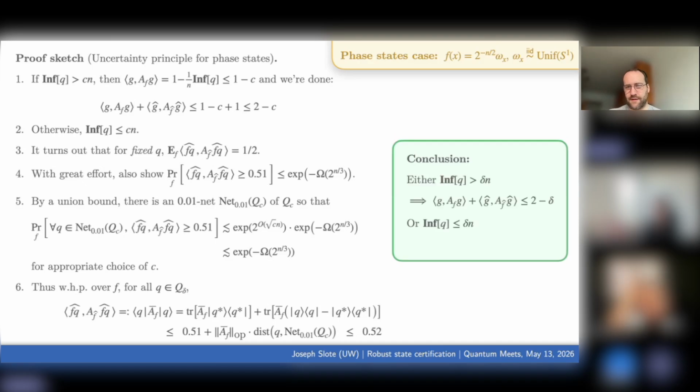Just to reinforce this win-win idea, this is the general thing. Either influence is above a threshold, in which case we have bounded away from 2, or it's below a threshold, in which case we have something even stronger. Okay, and that concludes the proof for phase states, for a random phase state.